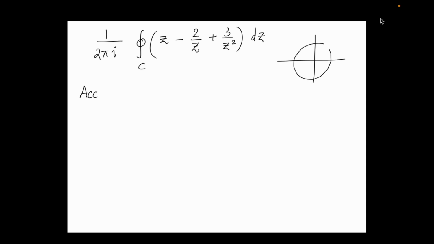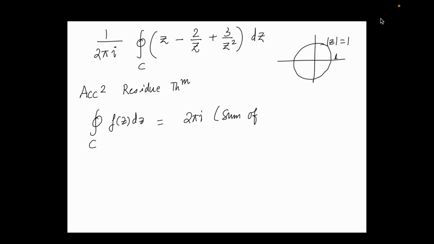It's |z| equal to 1. So if you see, this is nothing but 2 pi i times the sum of residues of the poles.